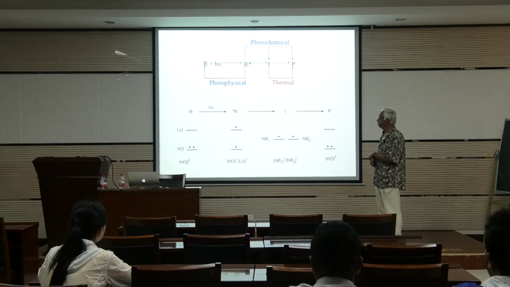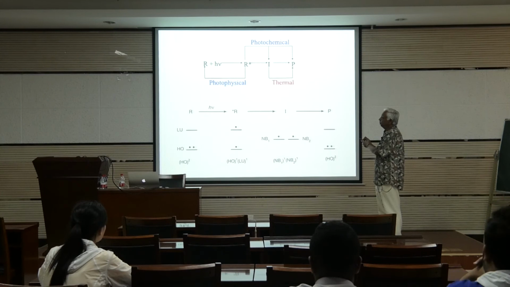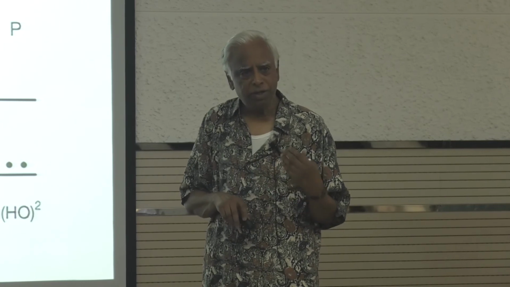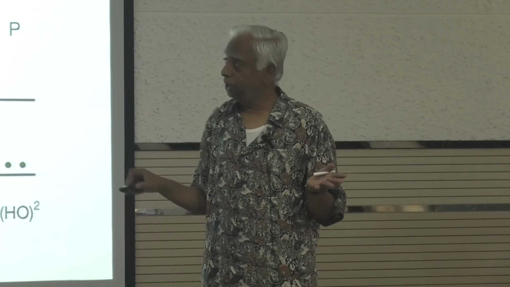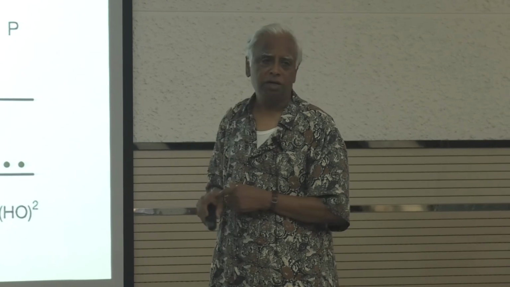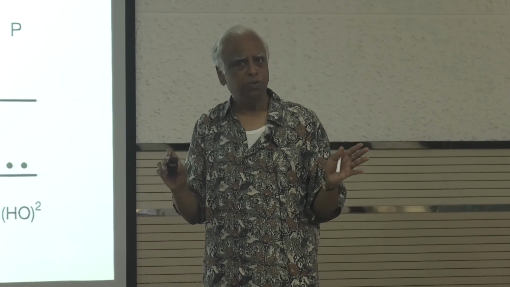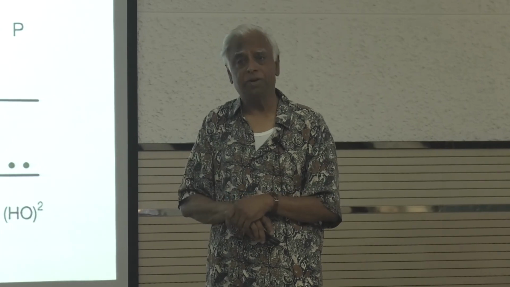Okay. Now, if you want to take a molecule from R to R star, the way we do it is shining light. The difference between R and R star is that these two do not have the same electronic configuration.